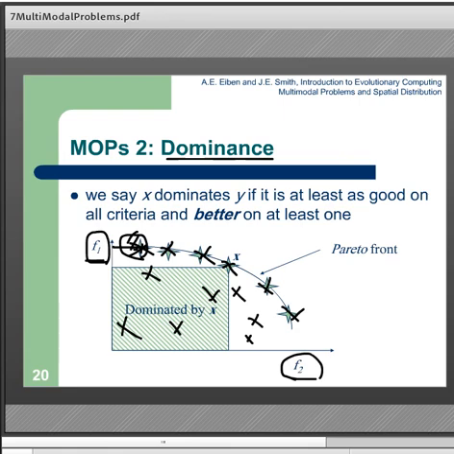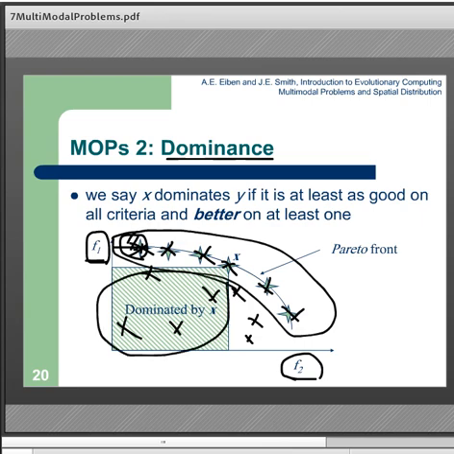So we have many elements or many individuals, and some of the individuals such as these are better than another individual in the rectangle. There are none in the other individuals. I made a mistake drawing this.